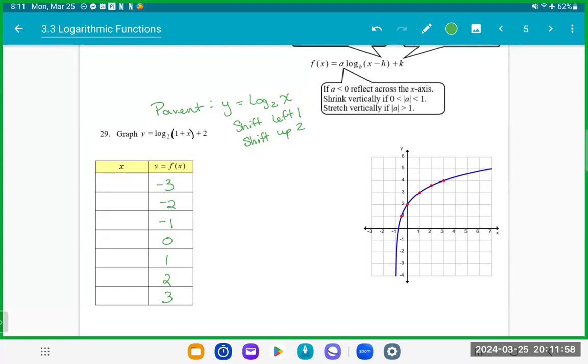So the thing about logs is they have to be positive, right? If you try to put in a negative log or a negative ln, you'll see that there's an error. When we put -1 in here, you get an error because you can't take the log of 0.